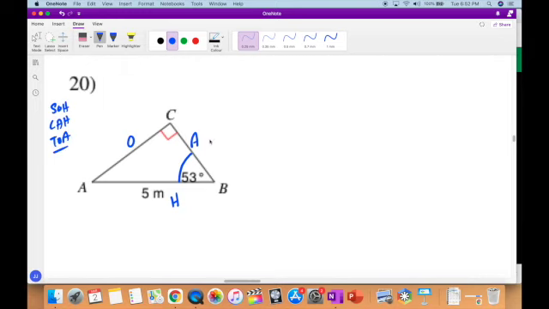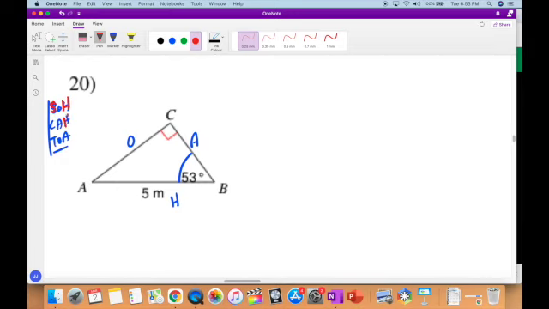So essentially, what are we saying here? Remember, all of these questions I do, this is the only thing I use. It's not rocket science. I have the hypotenuse here, so I have the angle and the hypotenuse, which means that sine is the only thing that has the hypotenuse.